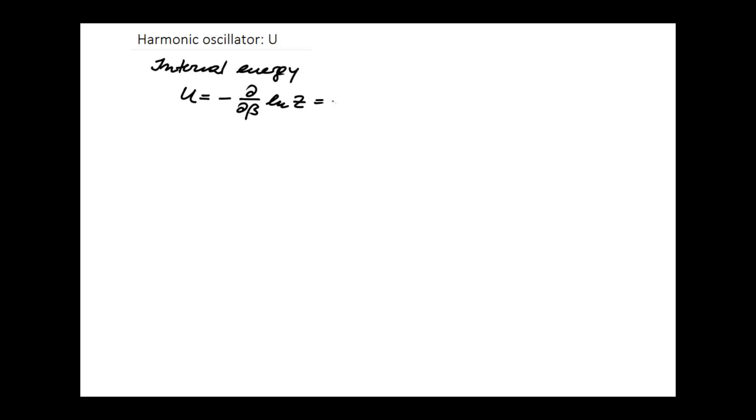Now this is minus 1 over the partition function, dZ over d beta. The partition function was 1 over 2 times the hyperbolic sine. We can factor out the 1/2, and we have 1 over the hyperbolic sine.